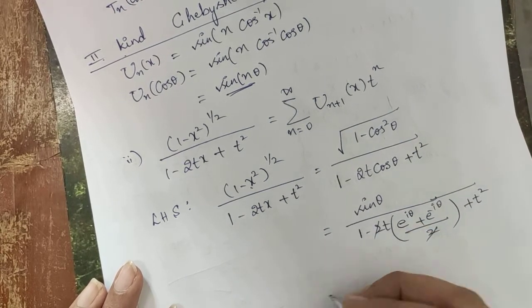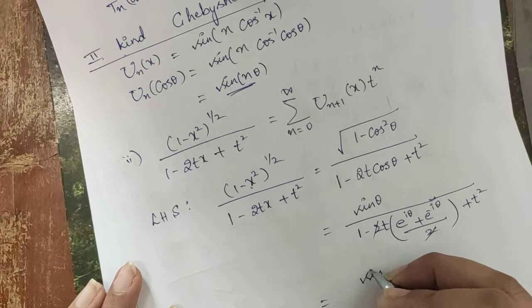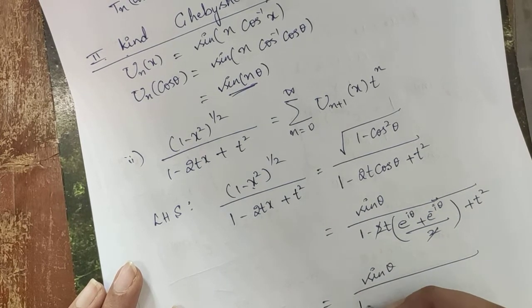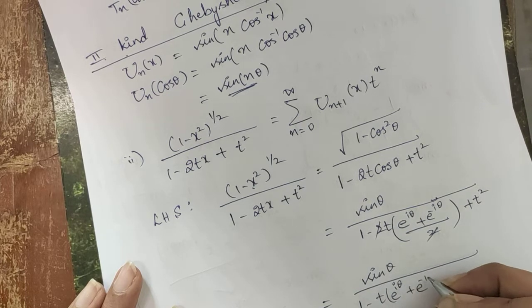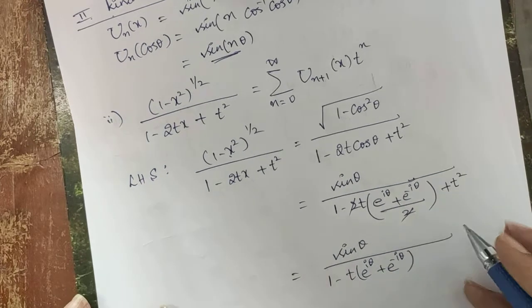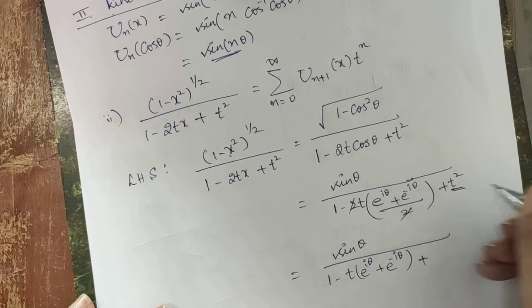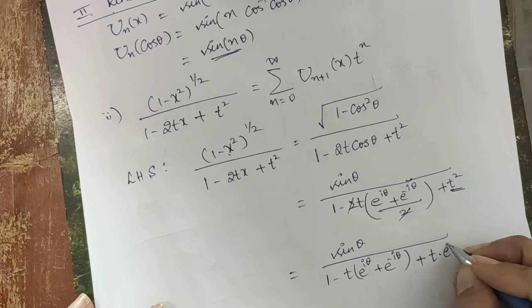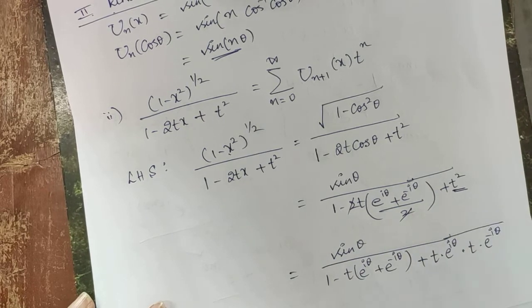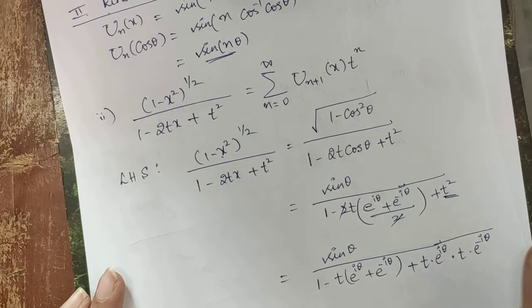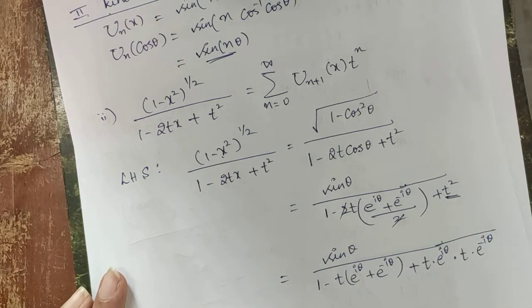So 2 gets cancelled. We will get sin theta divided by 1 minus t into e power i theta plus e power minus i theta, plus I can write t square as t into e power i theta into t into e power minus i theta. Right? So let's simplify this part now.